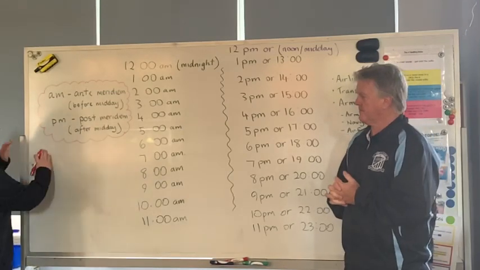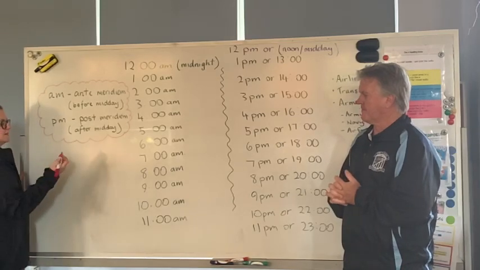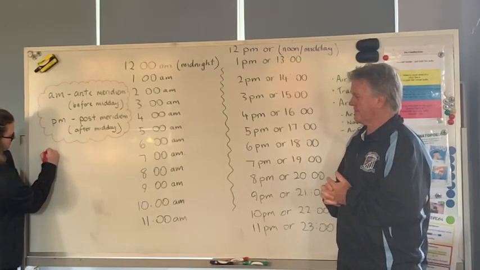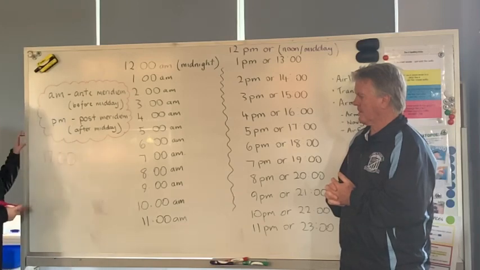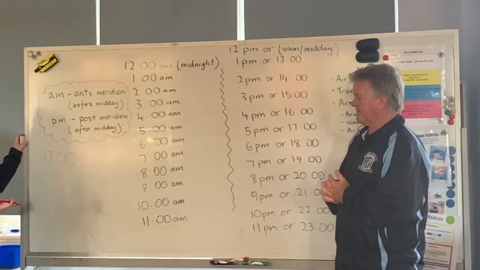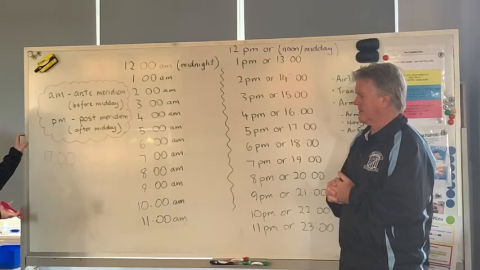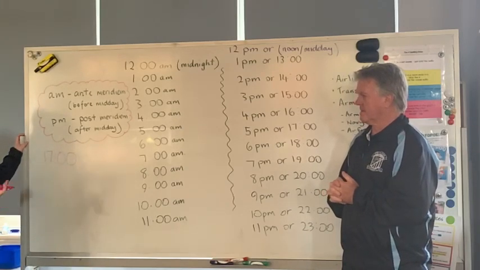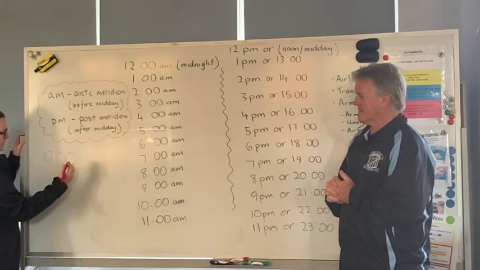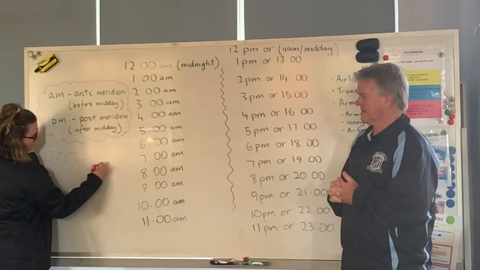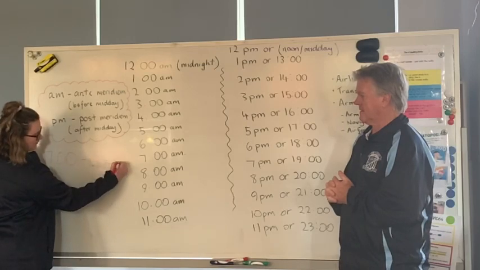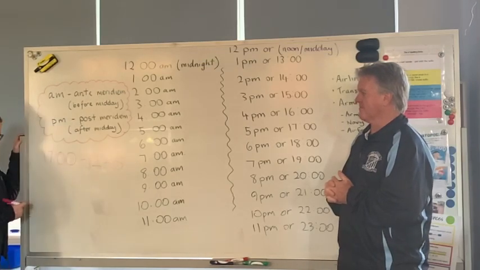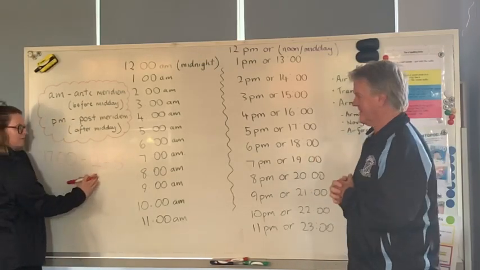If I know that the next plane is leaving at 1700, I'm going to write 1700 here. What I do to work out what that is in 12-hour time is I take away 12 hours. So I'm going to do 17 take away 12, and I know that you guys are going to know that equals 5. 5 p.m. So 17 take away 12 equals 5.